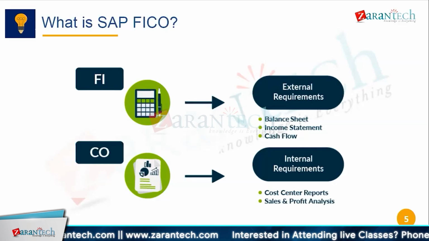Because if the Income Tax Act says you depreciate something at 10%, but you say that 10% is too little, this asset will be redundant in 5 years, you will, for management accounting purpose, charge at the rate of 20%. So FI is statutory, CO is internal management requirements.